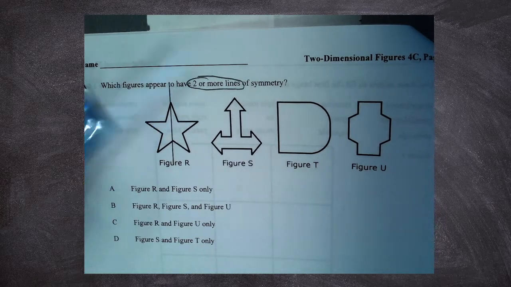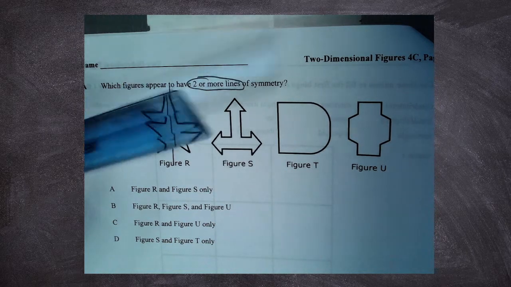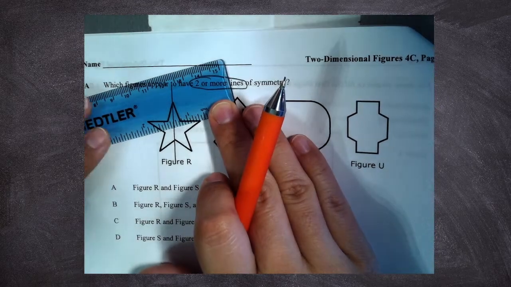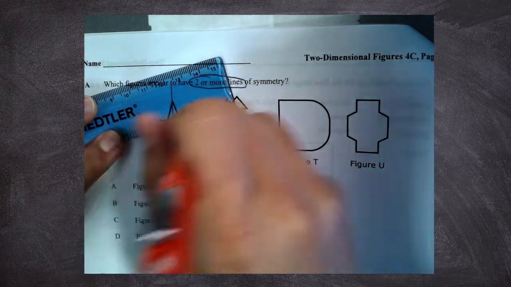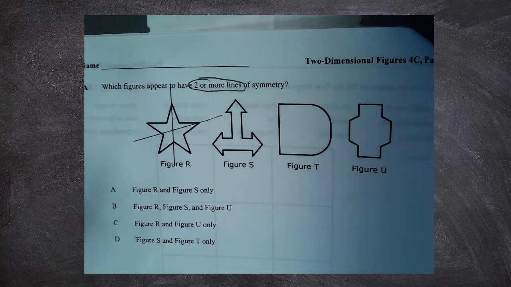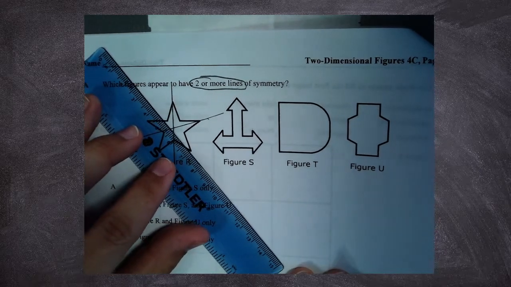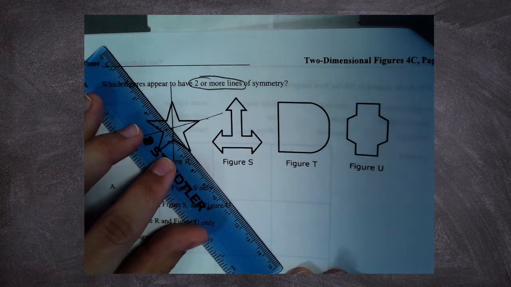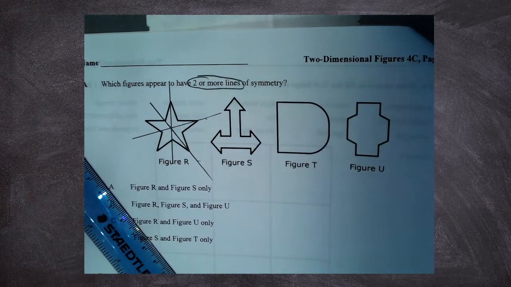Now, there's more than just that line of symmetry. With a star, I could make a line there, and I'd have symmetry. I could make a line right there and have symmetry.